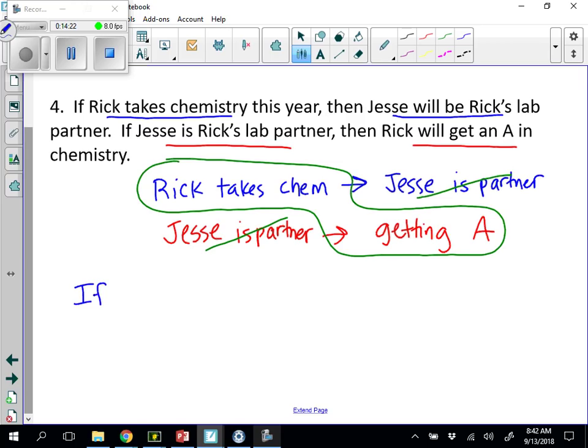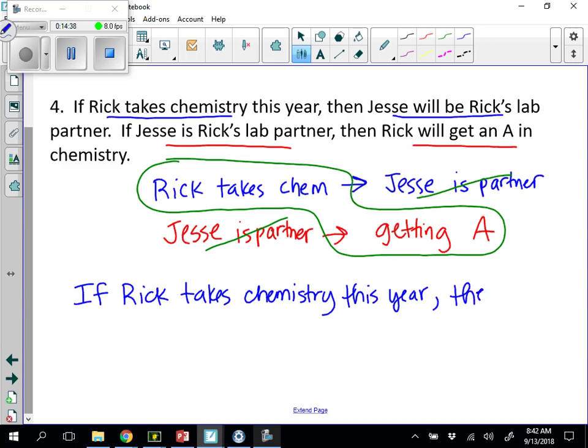So my new if-then would say, if Rick takes chemistry this year, then Rick will get an A in chemistry. Or we could probably cut out the second chemistry because it's in there twice.